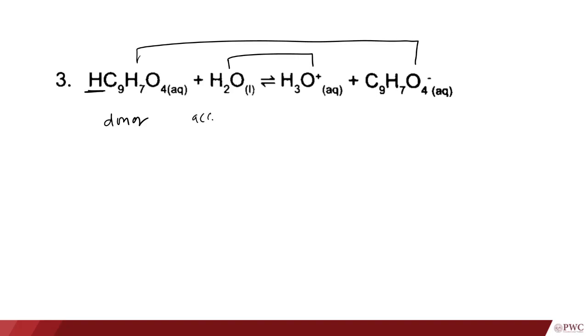Donor, the acid; acceptor, the base. Then the partner of this one is this one. If this is the acid, then this one must be the conjugate base. Then this one is the base. The partner of the base is the conjugate acid.